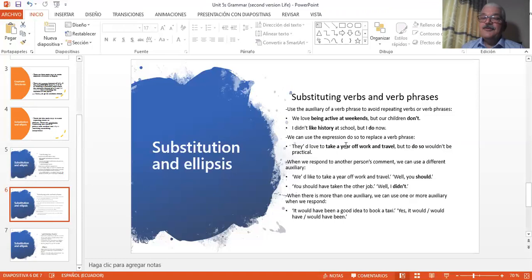Then we can use the expression do so to replace a verb phrase. And in this example, we can say it, do so. They'd love, they would, okay? They'd love to take a year off work and travel.